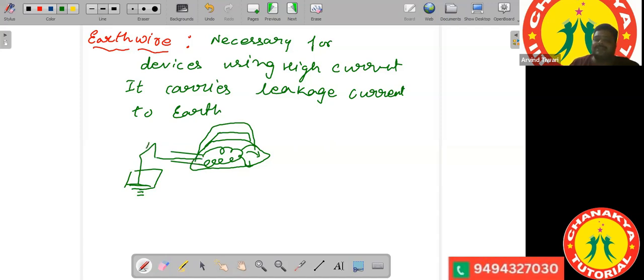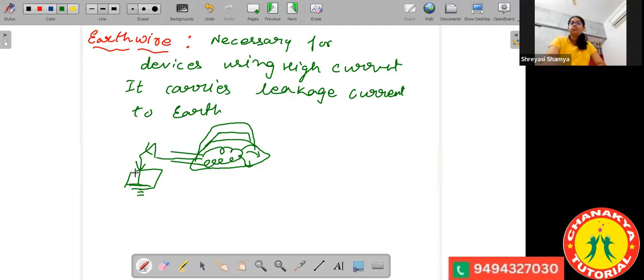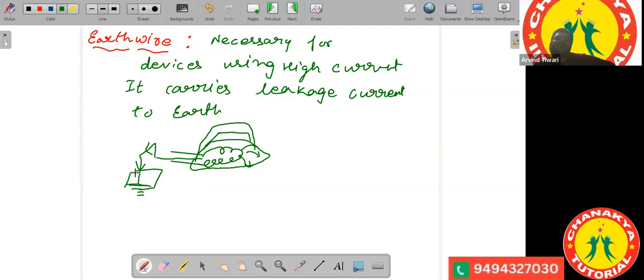So whatever leakage current passes, it will pass on through this copper plate to the earth. The earth will keep on absorbing that current, and hence you will be safe from any shock. Yes, sir. Okay. So that is why we call it earth wire. And it is connected to the earth. It is not available on the poles. On the poles, you just have those two wires, the live wire and the neutral wire.